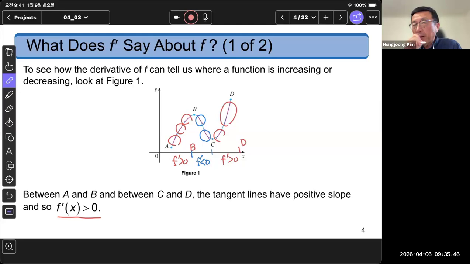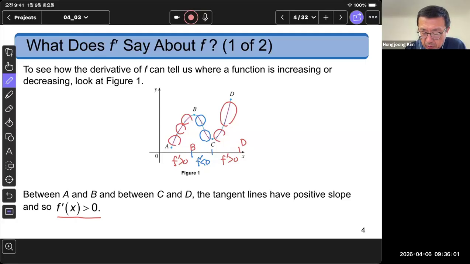Now, between A and B, my function is increasing, and between C and D, my function is also increasing. But between B and C, my function f is decreasing.